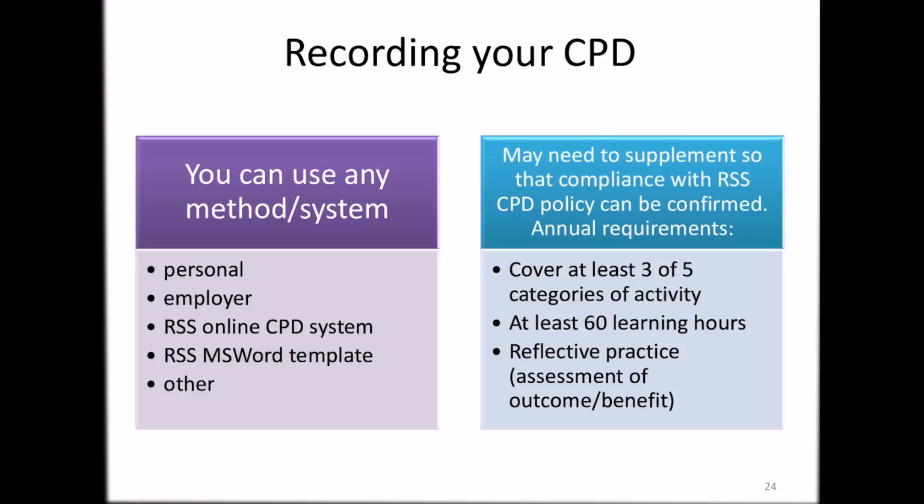What we actually find in practice is that about 1/3 of the people use the RSS template, about 1/3 use the RSS online system, and about 1/3 use a personal or employer format for the CPD submission that they make.